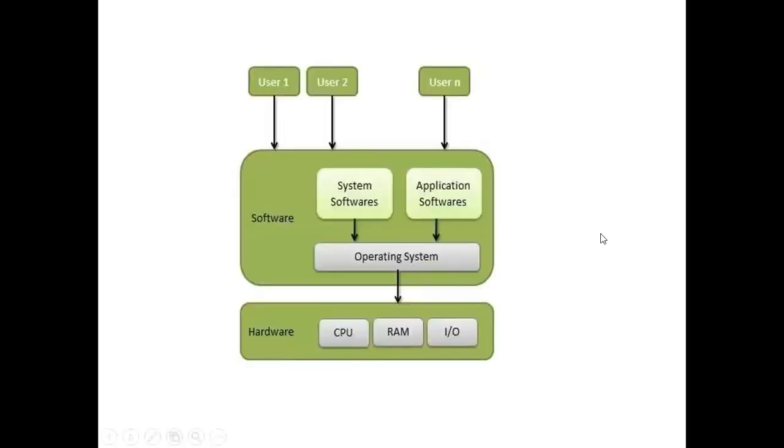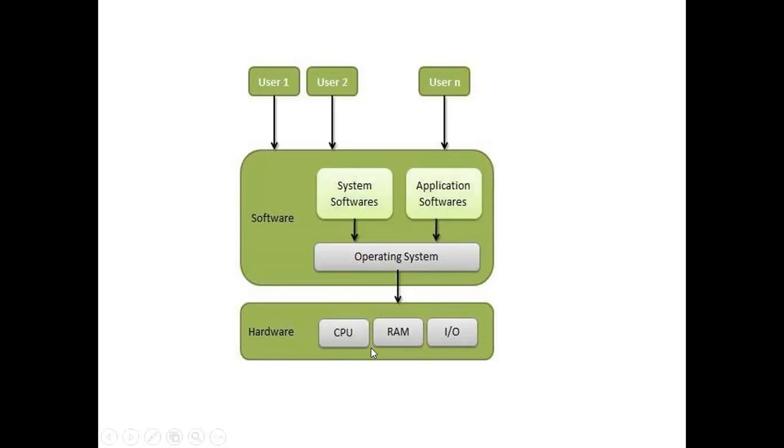You can see we have users here, 3 or 4 users. When you open your computer, you as a person are a user. Then the operating system becomes the facilitator, the interface between you as a user and the hardware.